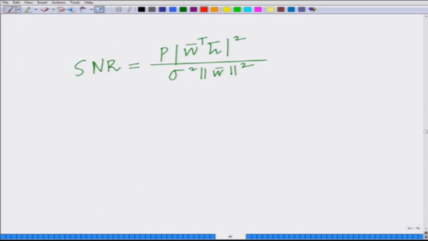Now, let us look at this quantity W bar transpose H bar.